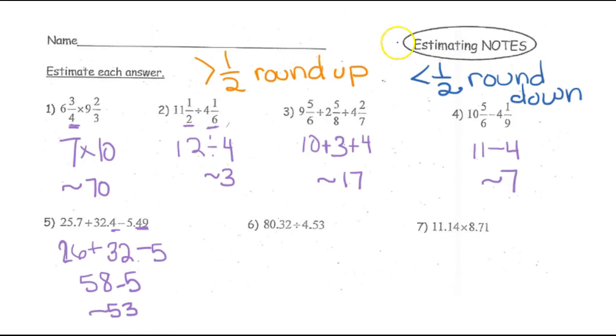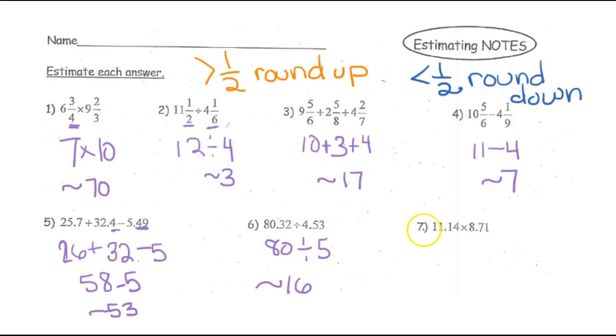Number 6, 80.32. That rounds down to 80, and I'm going to divide by 4.53, which rounds up to 5. When I divide this out, 80 divided by 5, my answer is going to be approximately 16.